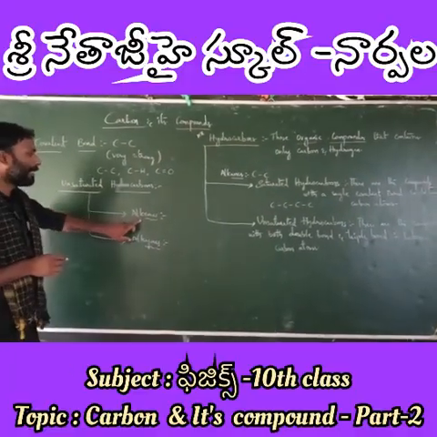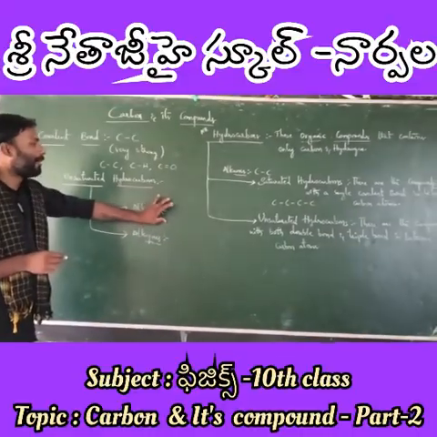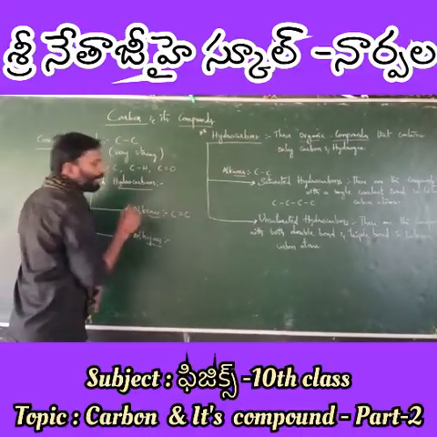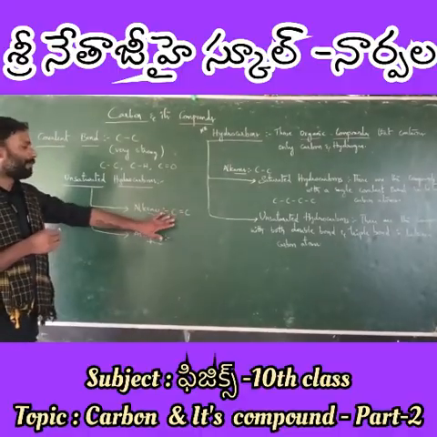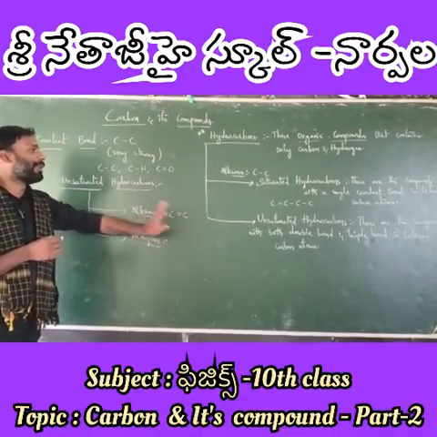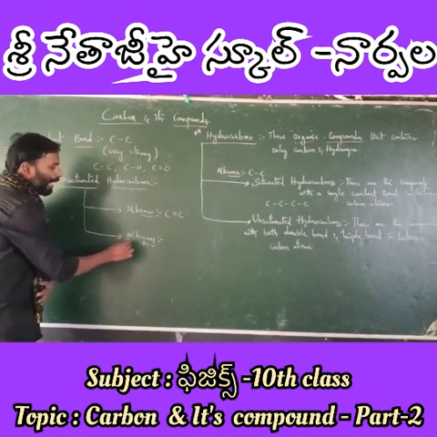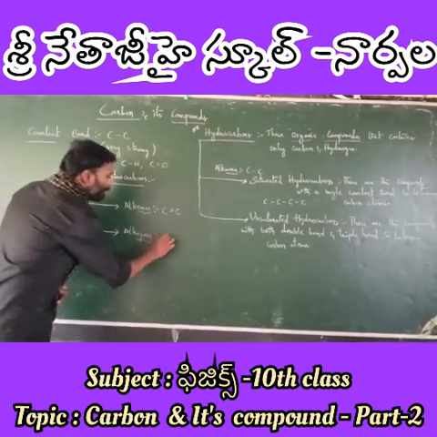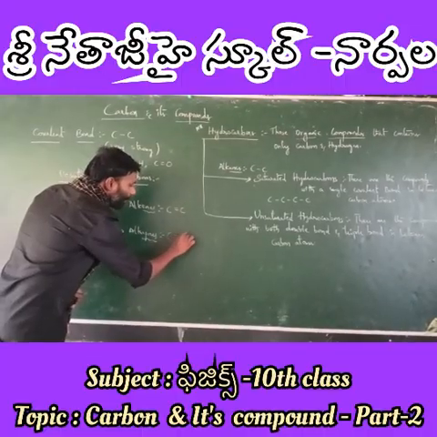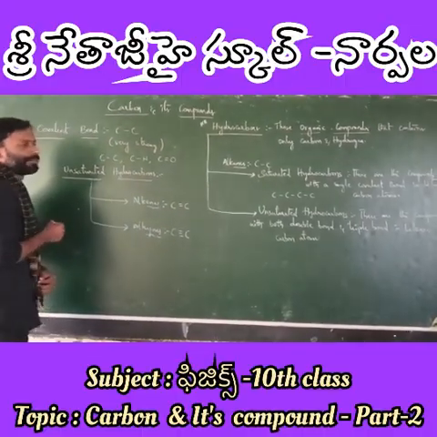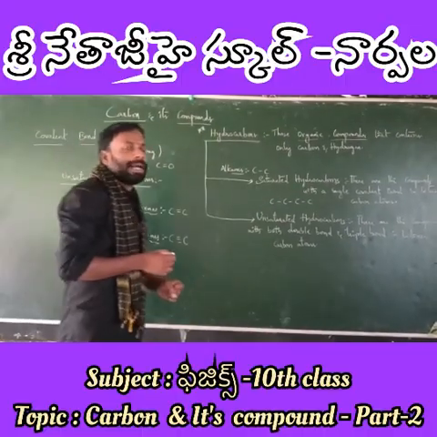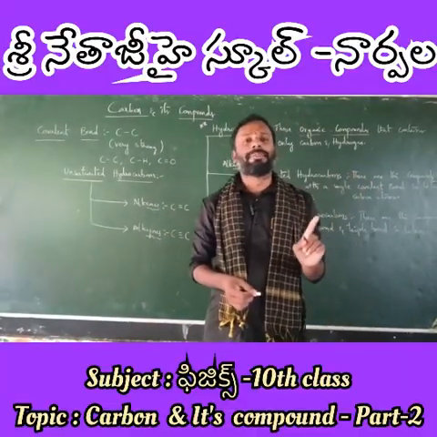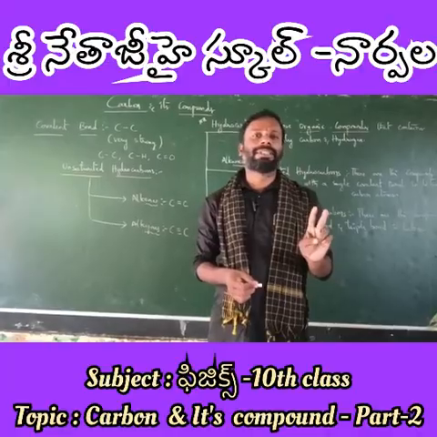Alkenes are the hydrocarbons with double bond between the carbon atoms. And alkynes are also unsaturated hydrocarbons which contain triple bond between the carbon atoms. Clear, guys? So hydrocarbons are of two types: saturated hydrocarbons and unsaturated hydrocarbons.